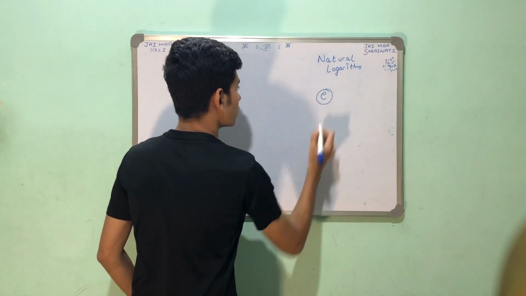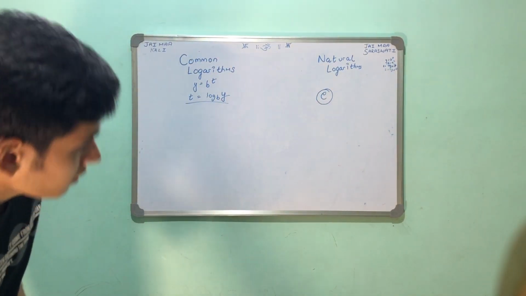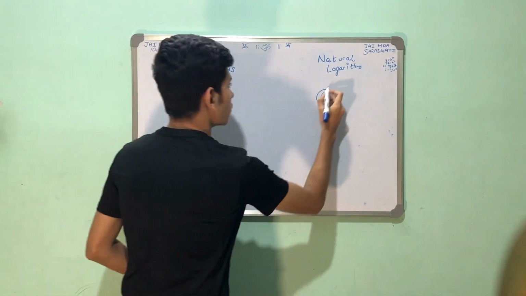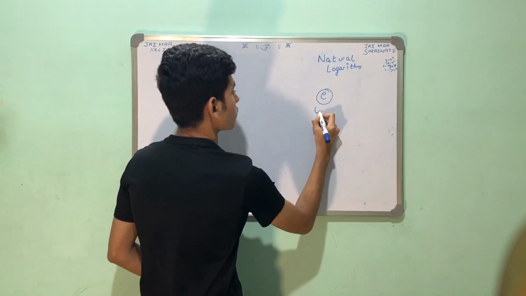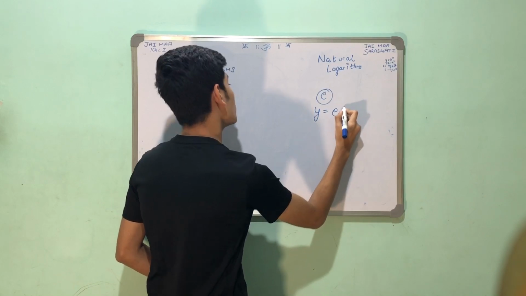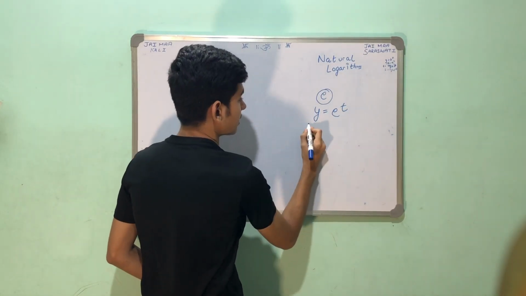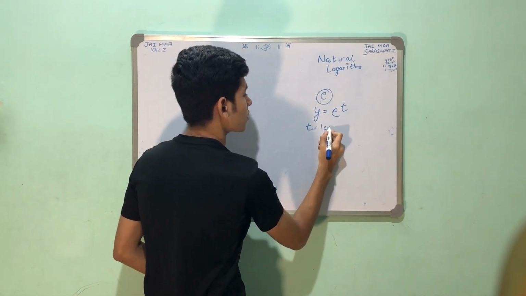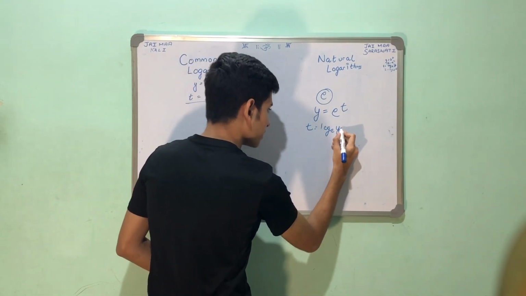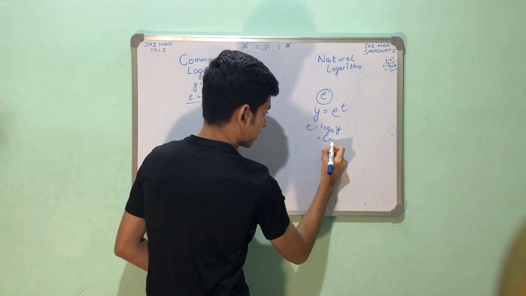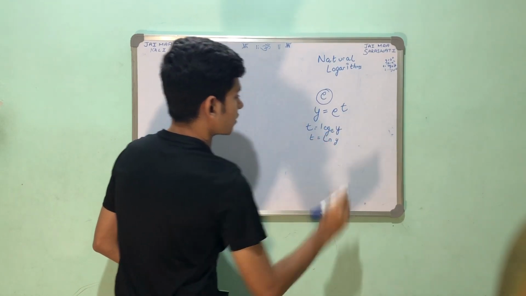Most of you know about this, e. So here b is replaced by e. So y equal to e to the power t. This can also be written as t equals log base e of y, or ln y.